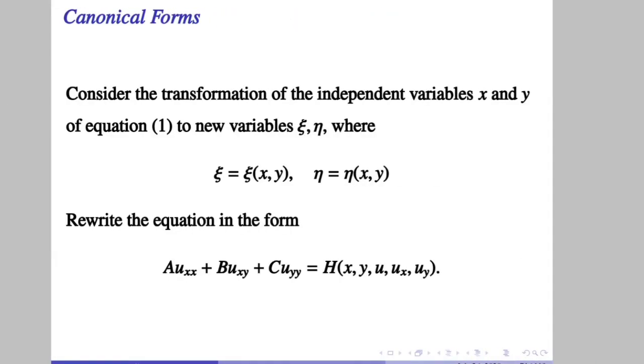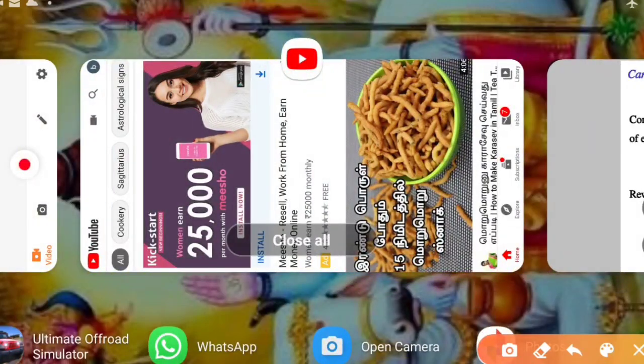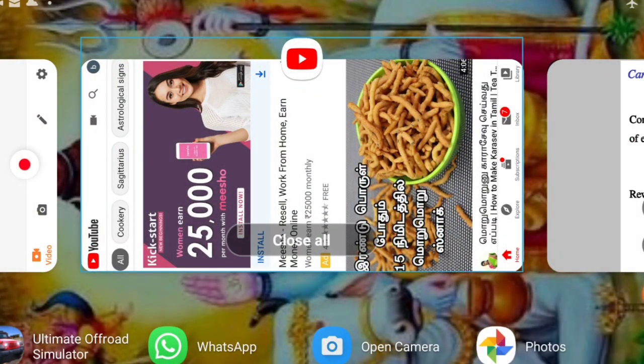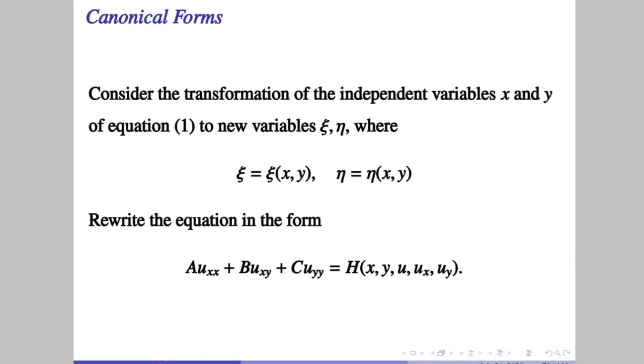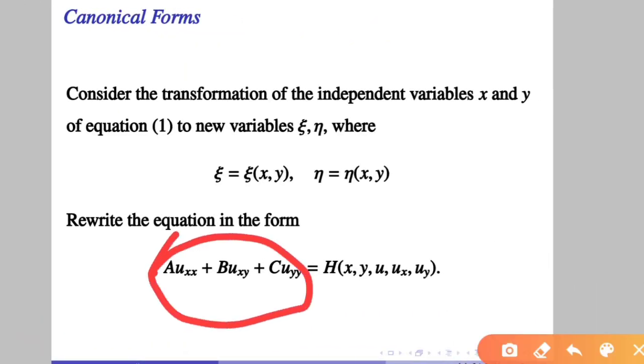And then the canonical form. We can obtain the canonical form using these coefficients. First, the higher order derivatives.